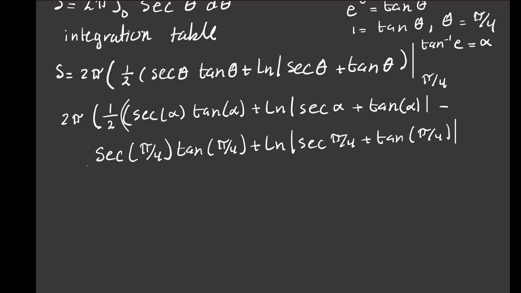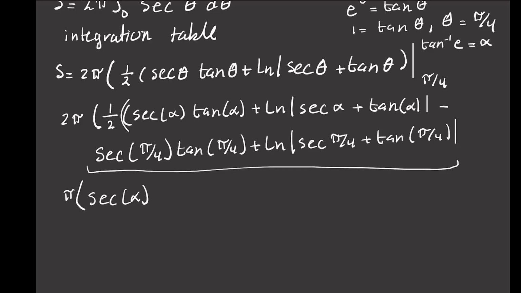Now this part right here is easy to evaluate, and that would equal the 2 pi times, I'm going to factor out the 1/2 from here, so then I would have pi times secant of alpha tan alpha plus ln of secant alpha plus tan alpha.